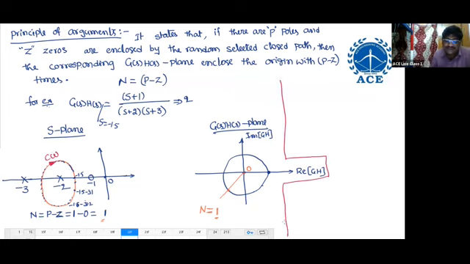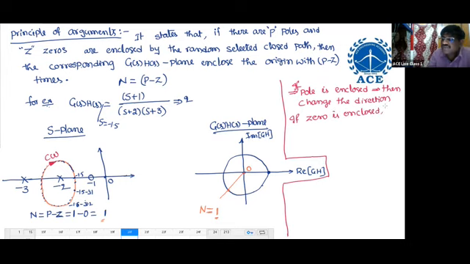These are just assumptions. If a pole is enclosed, then change the direction. If a zero is enclosed, then no change in direction.